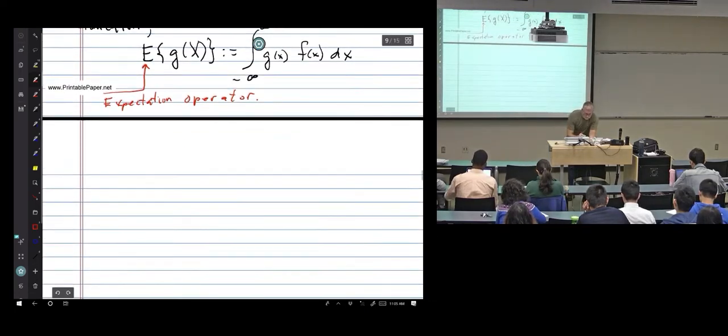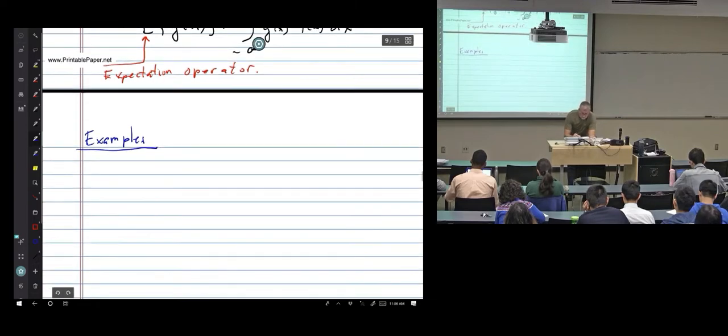Let's go back to our examples. If f of x is distributed with the uniform, I'll just do it with the picture: 1 over b minus a.